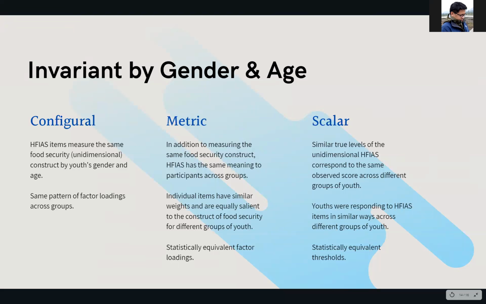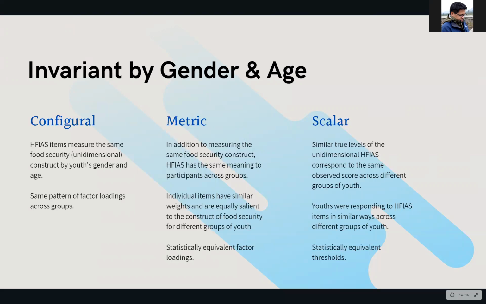When we say metric invariance, in addition to measuring the same food insecurity construct, the individual items have the same meaning to participants across groups, and this is evident by statistically equivalent factor loadings.